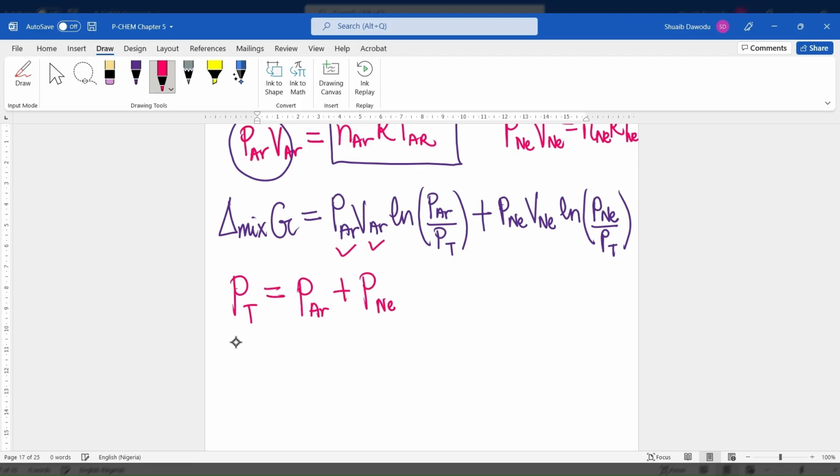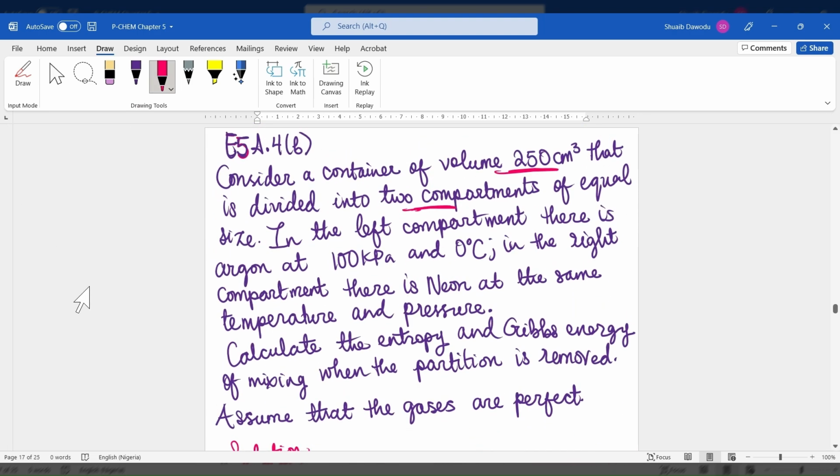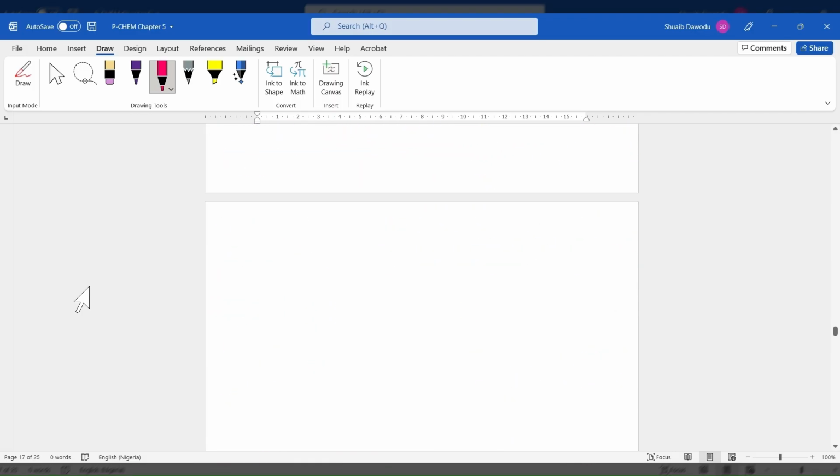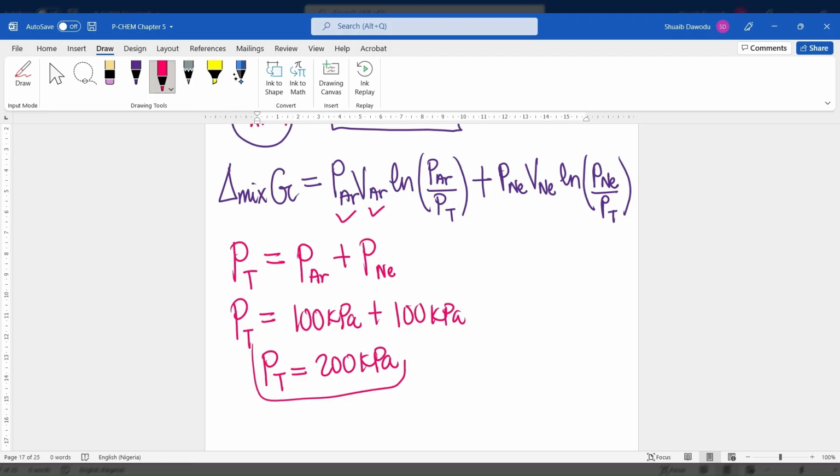The partial pressure of argon is 100 kilopascal, and that is also the value for the partial pressure of neon, plus 100 kilopascal. So the total pressure is simply going to be 200 kilopascal. So we have this value here.